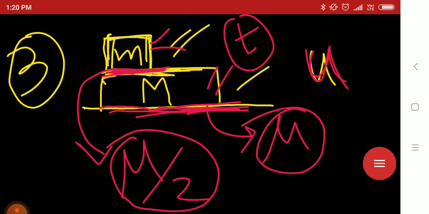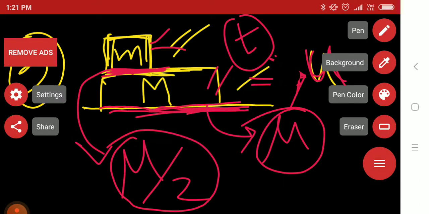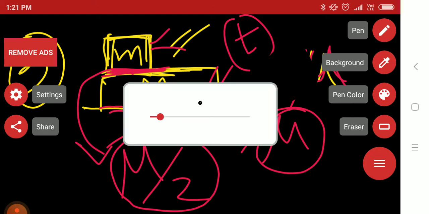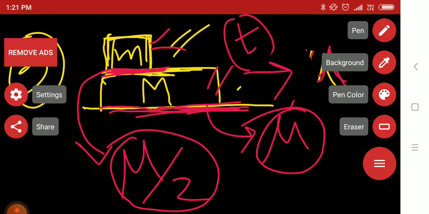That means the problem is saying that this is a system of two blocks, capital M and small m, and the system is started with velocity u towards the right. The coefficient of friction between the horizontal surface and the mass M is mu, and between mass M and small m, the coefficient of friction is mu by 2.